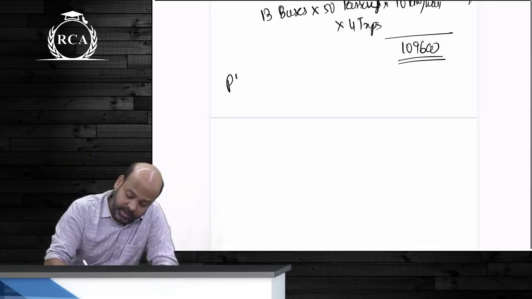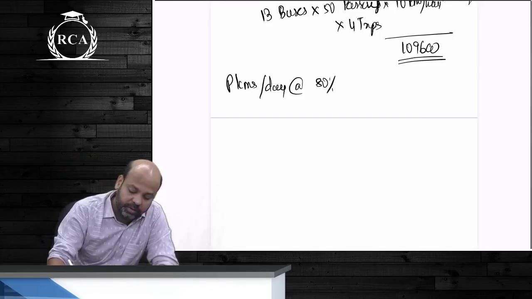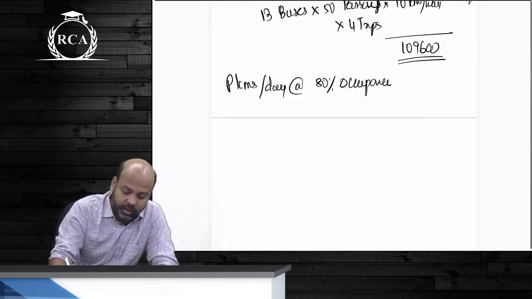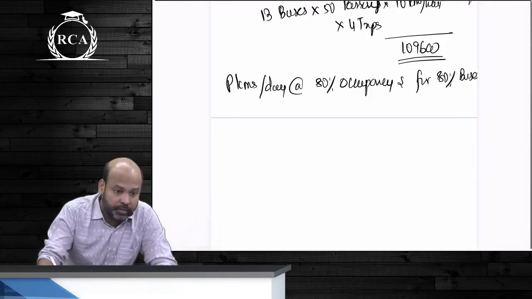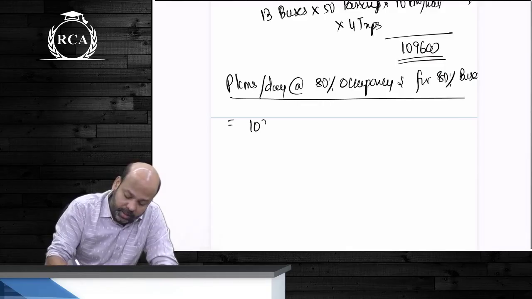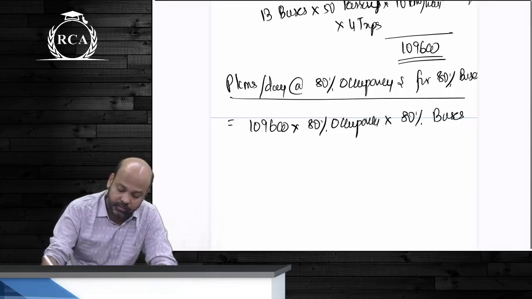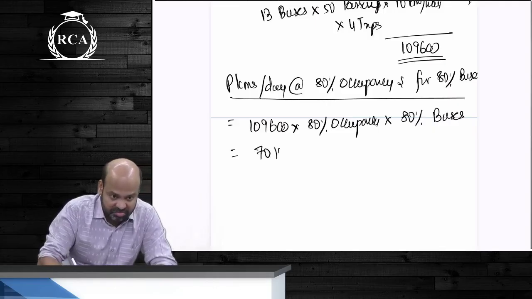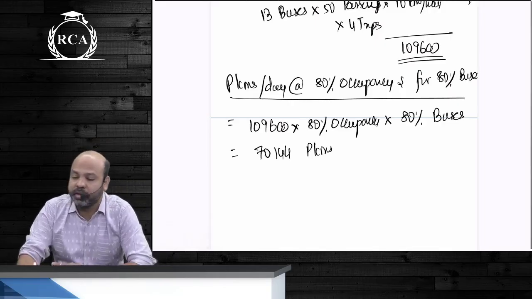Now, passenger kilometers per day at 80% occupancy, and for 80% buses, it will be equal to 1,09,600 into 80% occupancy into 80% buses. 70,144. Are we clear? So 70,144 passenger kilometers per day is the right answer.